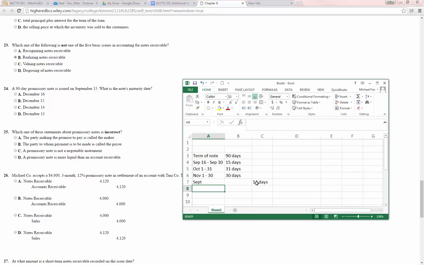You can just really, the hardest part is remembering not to include the initial day or the issue day. And then really all you do is you take the term in days and then you say there's 15 days from September 16th to 30th, there's 31 days from October 1st to 31st, 30 days from November 1st to 30th. Subtract those from the 90 and what you get left over is 14 days. And that's when it will be due. Oh, not September, December 14th.